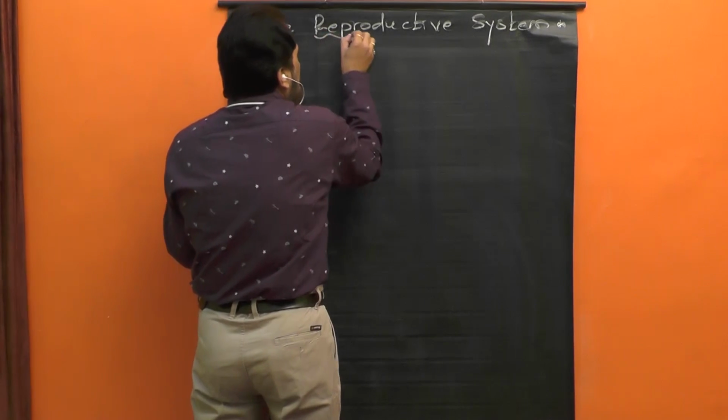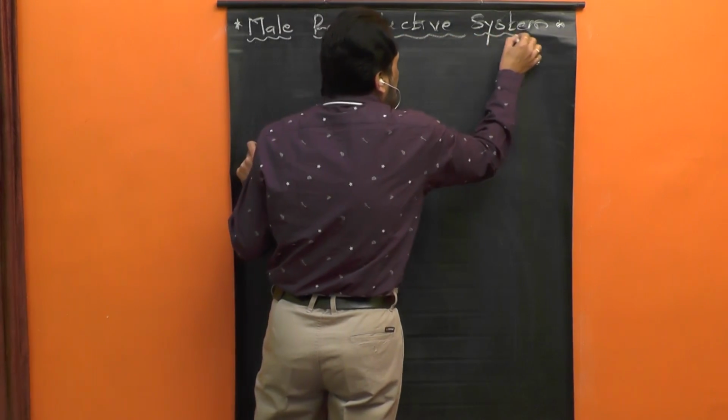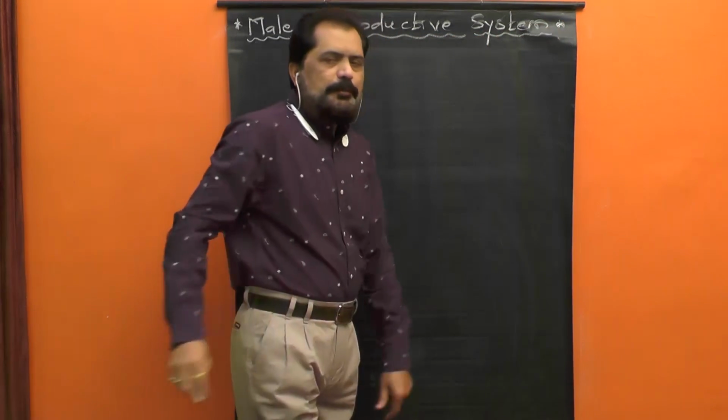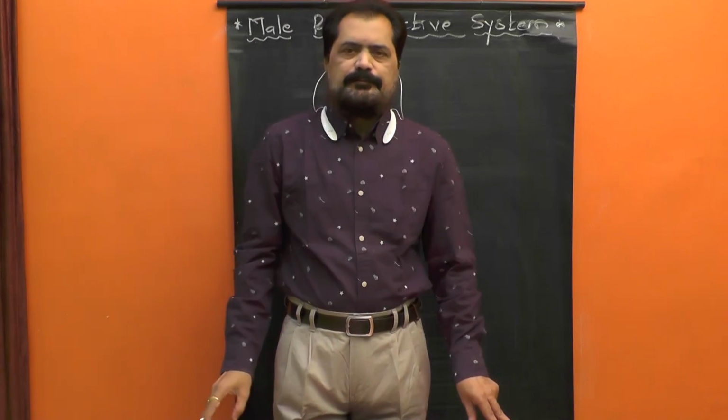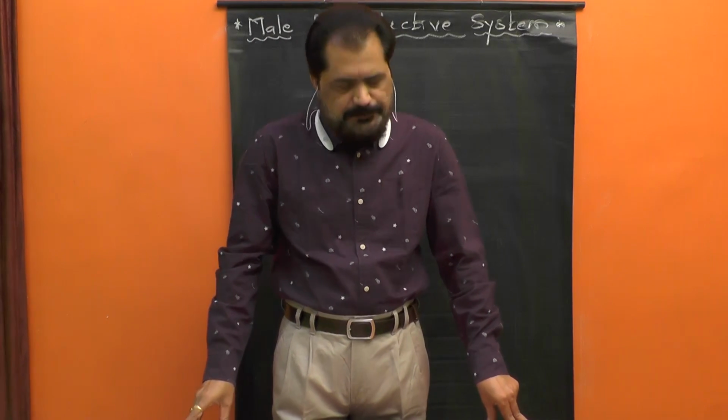The human male reproductive system consists of different organs and associated glands.